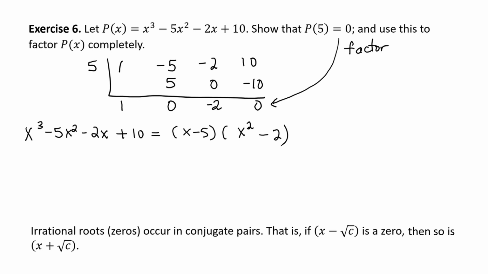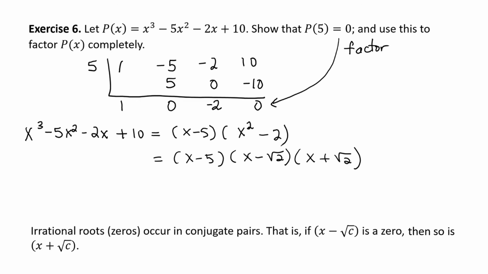Now we can continue to factor completely. You've got the x minus 5, and x squared minus 2 is a difference of squares, but we need to use the square root. So you'll have x minus the square root of 2, x plus the square root of 2.